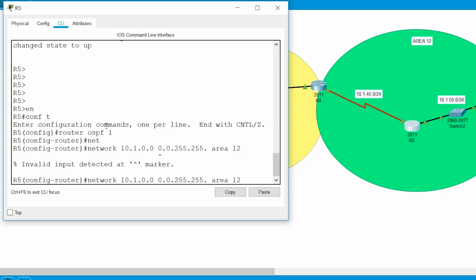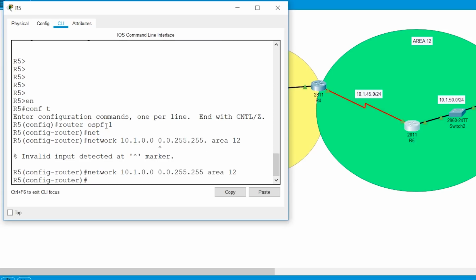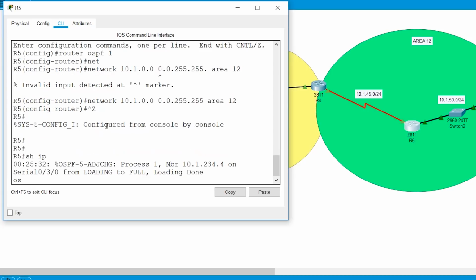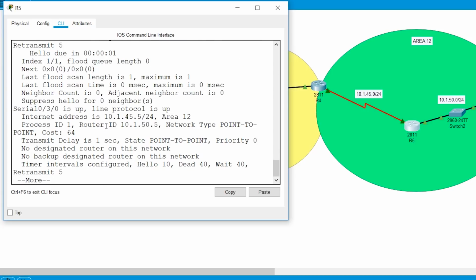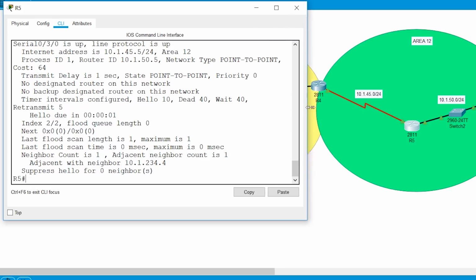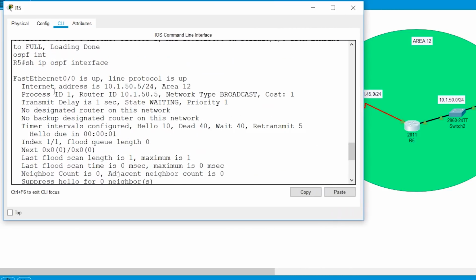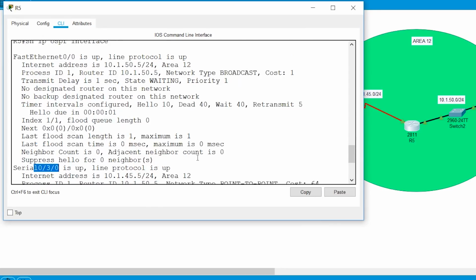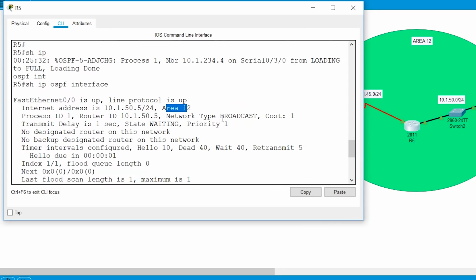Sorry, this one, area 12. Now, what happened? So, show IP OSPF interface, right? OSPF is running on both the interfaces, that is interface fast Ethernet 0/0 and serial, and they're running on OSPF area 12, which is what we expected.